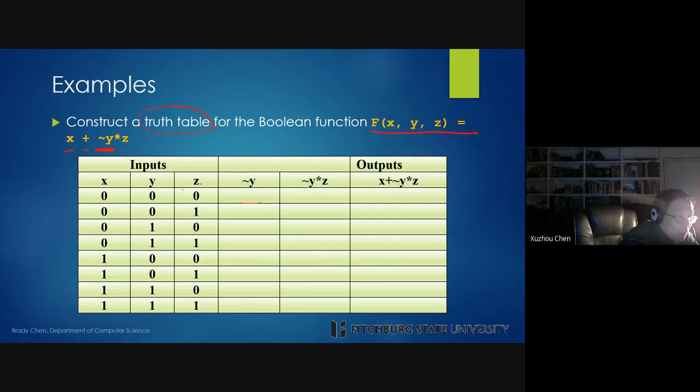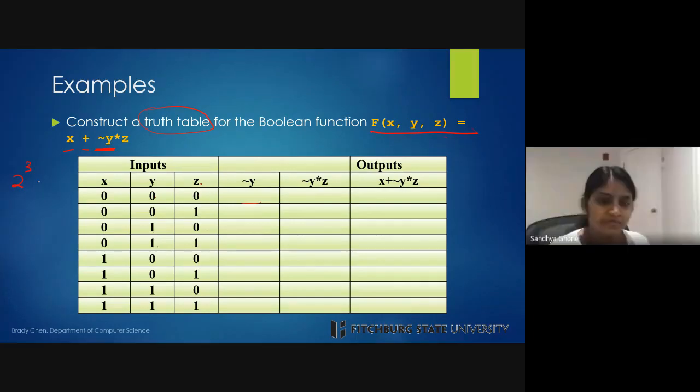So you can have all 0, then x, y both 0 and z is 1, and then 0, 1, 0, 0, 1, 1, 1, 0, 0. Because you have 3 variables, there are a total of 2 to the 3, so you have 8 different combinations.